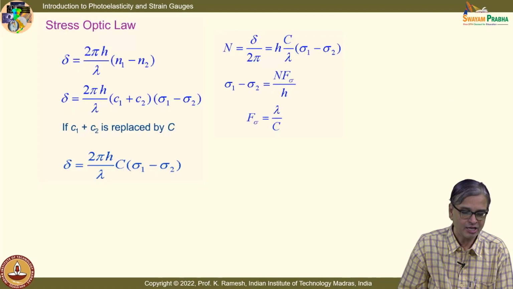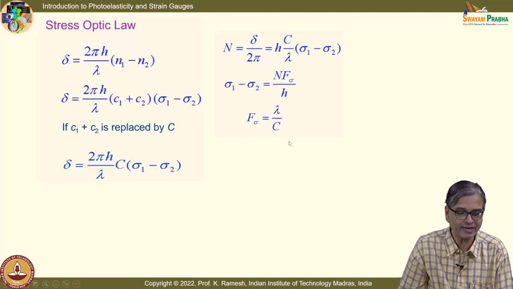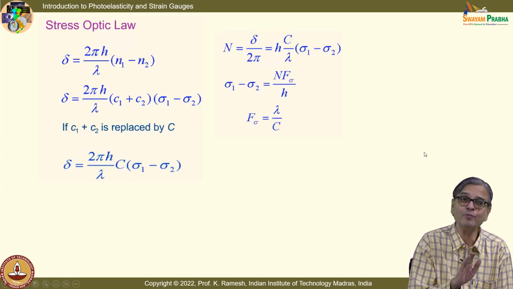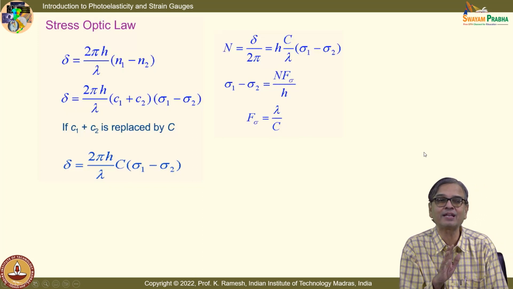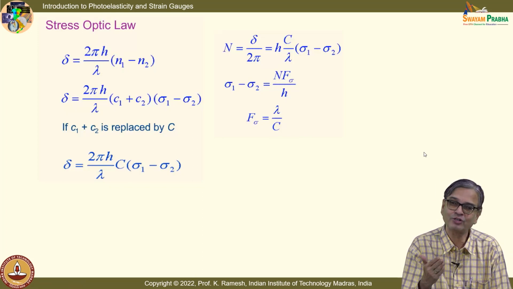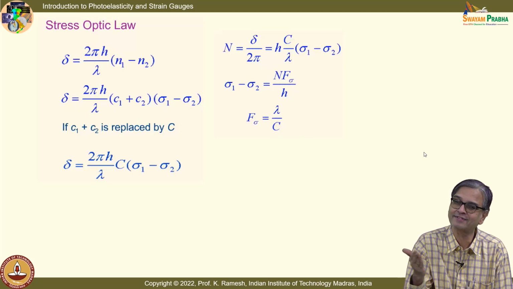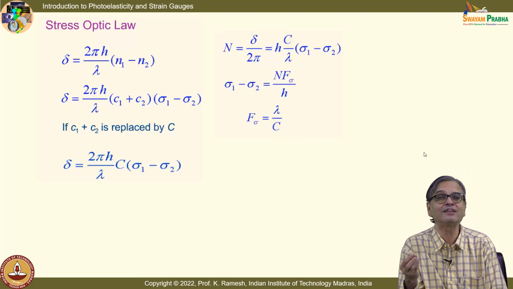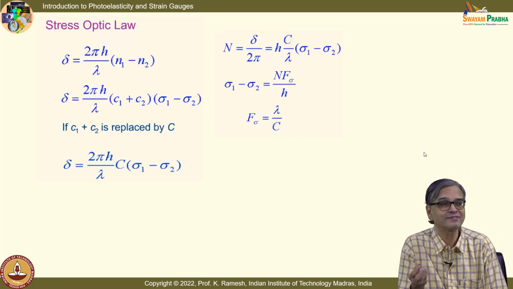Fine. So when I change the material, what happens, and when I know F sigma, I can get sigma 1 minus sigma 2. There is also one more piece of information I mentioned: there is something like an optic axis. When you looked at that retardation, I showed a slow axis and a fast axis. Can you relate it to anything you have learned in stress analysis? When you say stress at a point, you are talking about principal stresses as well as the directions.